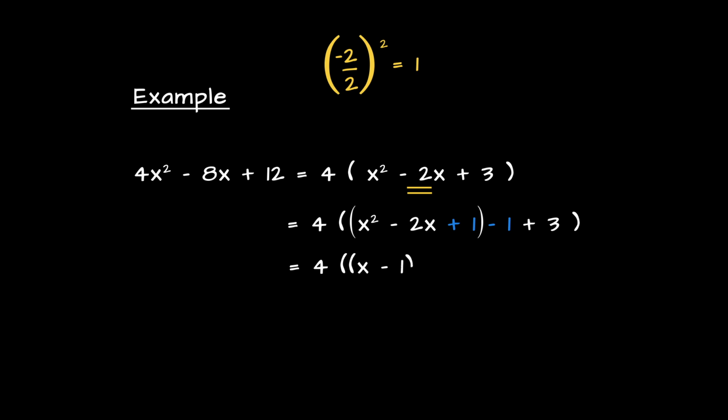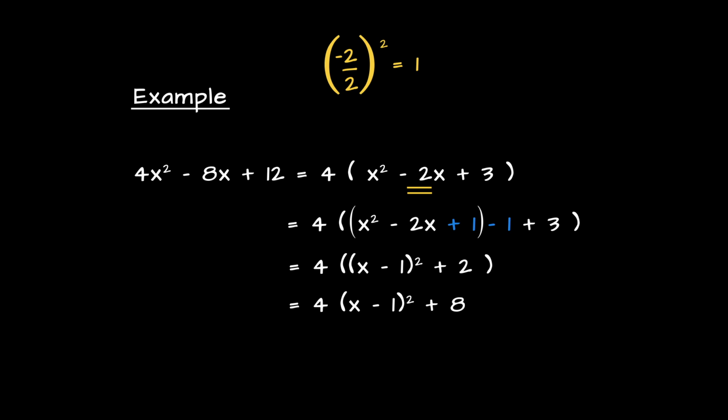And then we're going to add to that the minus 1 plus 3, that's just 2. And finally, so as to put our answer in the most convenient form, I'm going to distribute that 4 that we factored out at the beginning. So this will become 4 times x minus 1 squared plus 8.